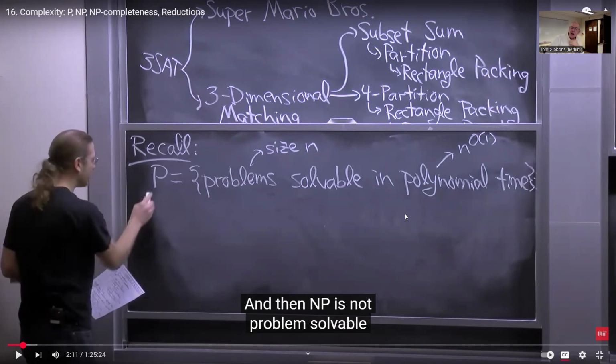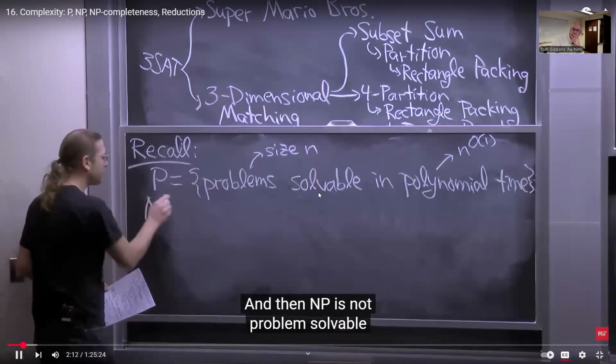Again, n is the size of the input. Sorting is a good example of a polynomial-time problem, and the time goes up depending on the size of n.